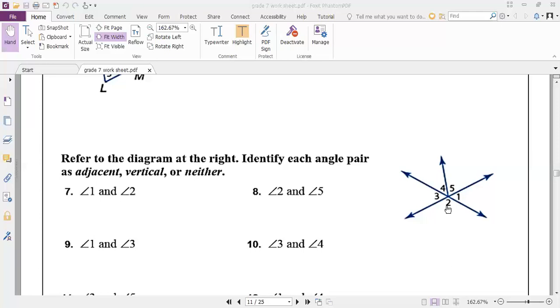Firstly, because I have a common vertex and a common side, and the two outer sides are in different directions. If we look into the sum of the two angles, it is equal to 180. Because the sum of the two angles is equal to 180, we can say that these two angles are supplementary.